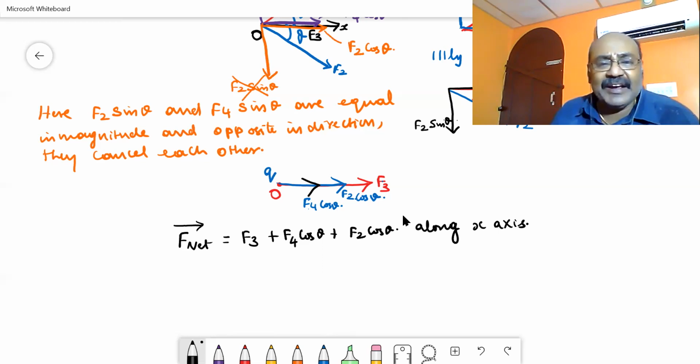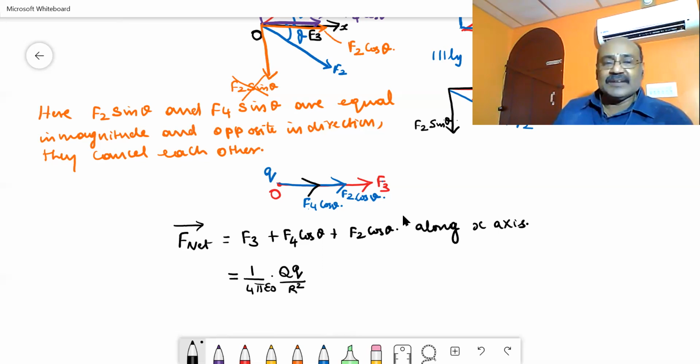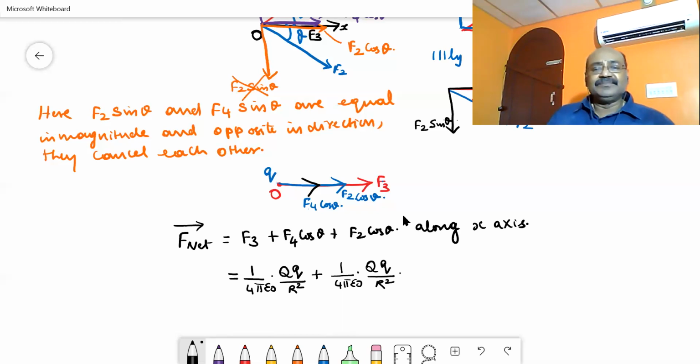You have to simplify hereafter. What is F3? 1 divided by 4 pi epsilon 0 into capital Q into small q divided by r square, plus, what is F4? 1 divided by 4 pi epsilon 0 capital Q into small q divided by r square into cos theta, plus, what is F2 cos theta?